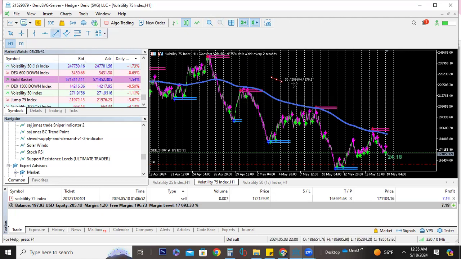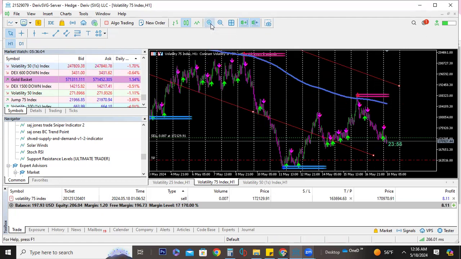As you can see, the 200 moving average is moving downward, where the market is just moving downward. So you're always going to follow the slope of the line. This is the trend direction.